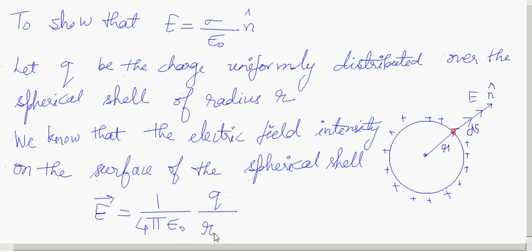So radius here we took it as r, so r square into unit vector n. Now E acts along radially outward and along n.